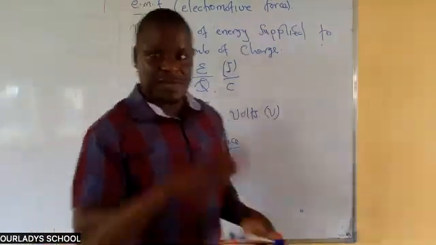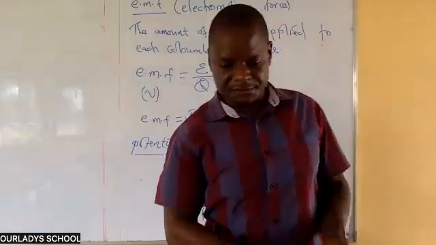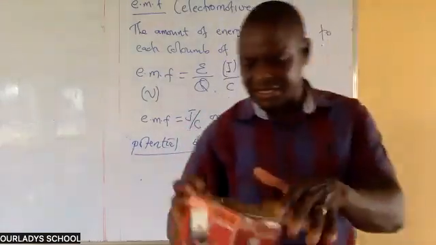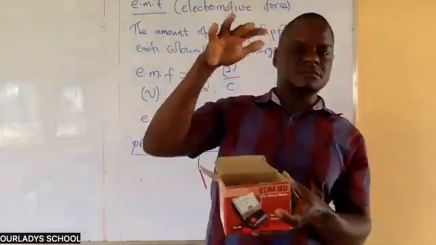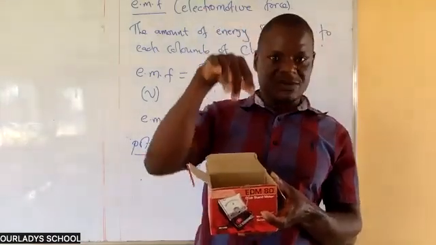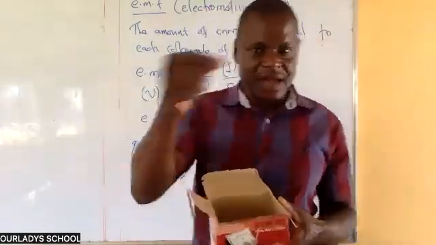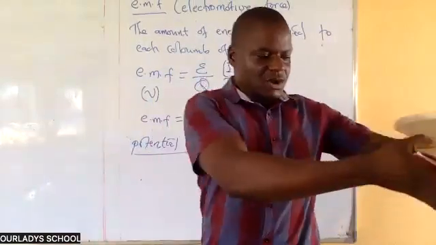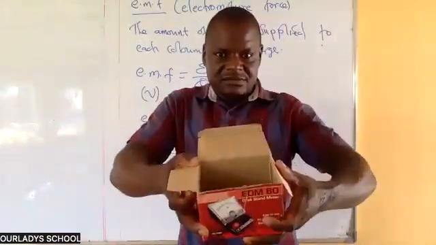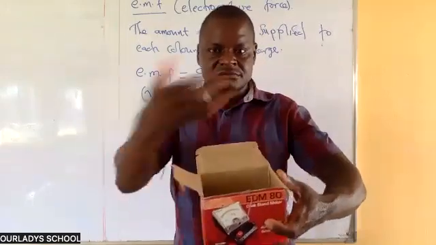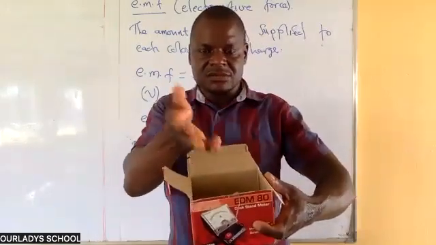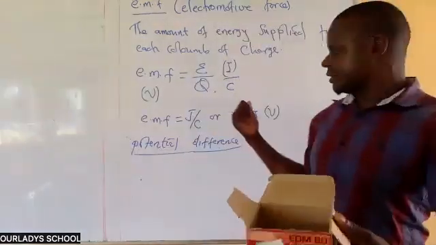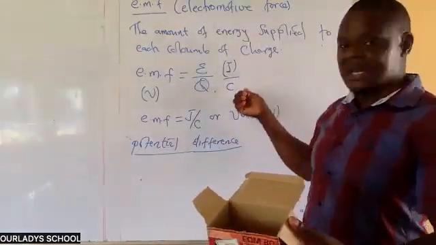Now, this is you. At a party, you are given food. The food that you are given, the very big heap right on top of it. Are you going to eat that food, or are you leaving it? So this coulomb of charge is passing, given quite a huge amount of energy, which we are calling the EMF.